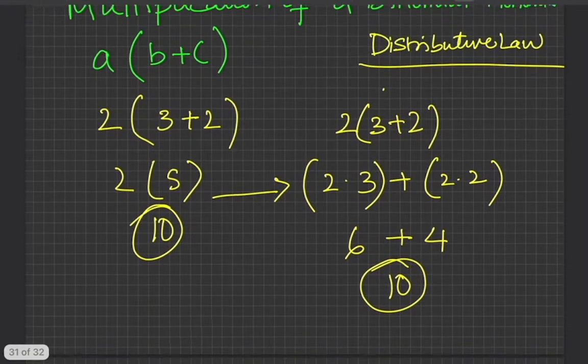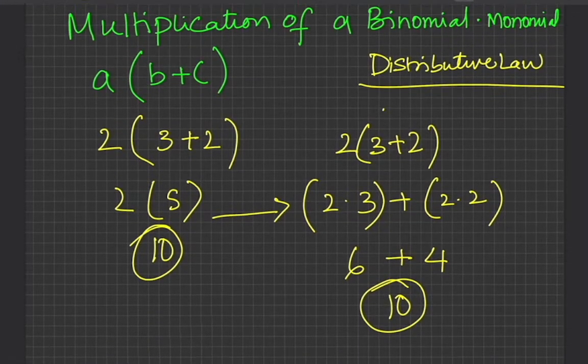This one is called the multiplication of literals. Multiplication of literals actually is distributed over addition because there is an addition sign. And we can also have it for subtraction also.